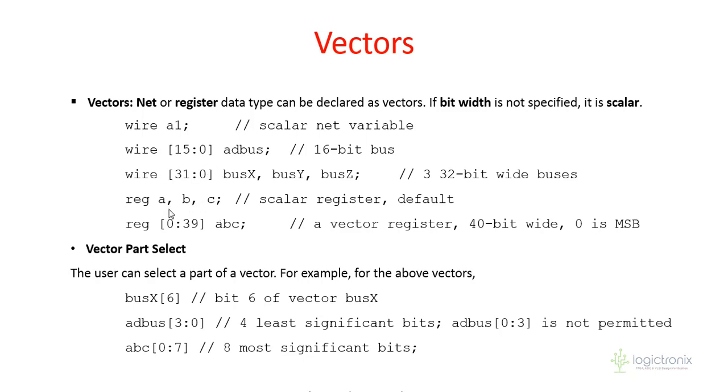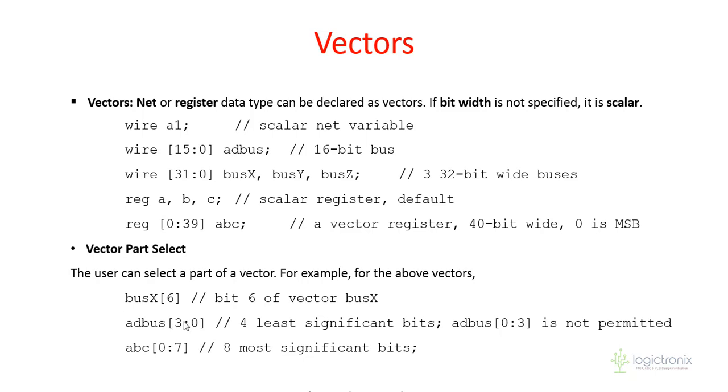And we can have registers with scalar and registers with vectors. If we want to select a specific vector member, like assuming pos x is 32-bit wide, and we want to access the 7th member of the vector, then we can access it this way.